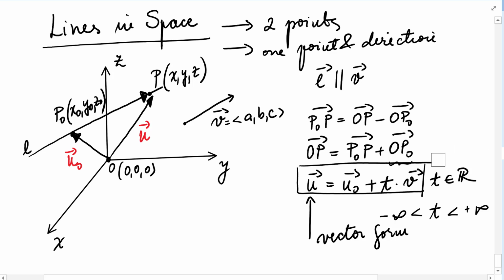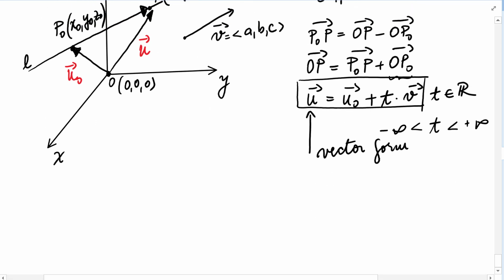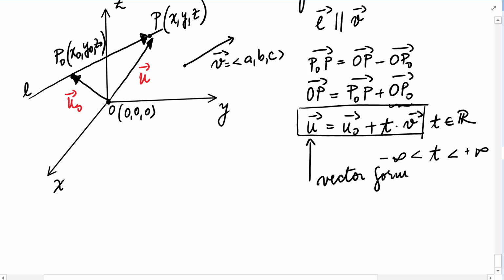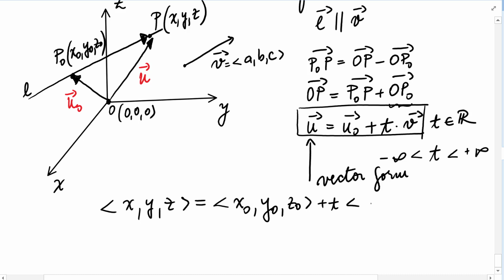So if I know this information, like an initial point and a direction, I can find the equation of the line. But now u can be written using the fact that OP is vector u. We can write it as x, y, z equals u naught, which is x naught, y naught, z naught, the vector in component form, plus t times the vector v, which is a, b, c.